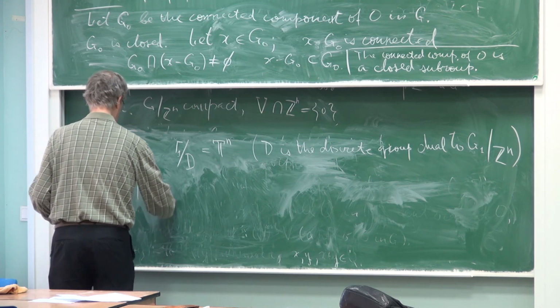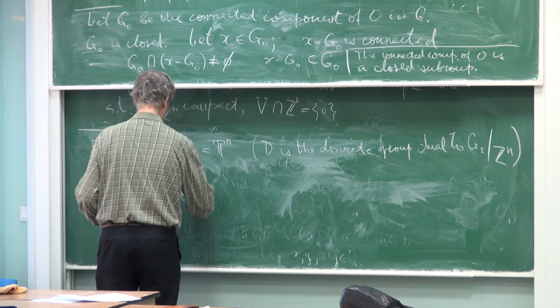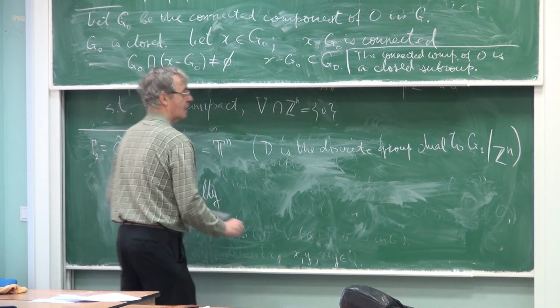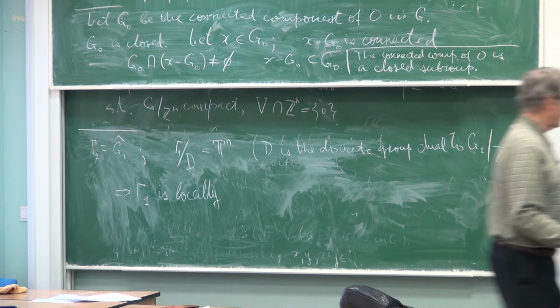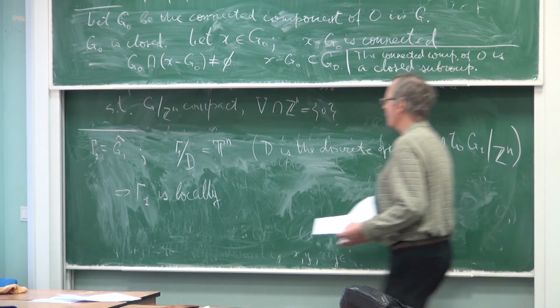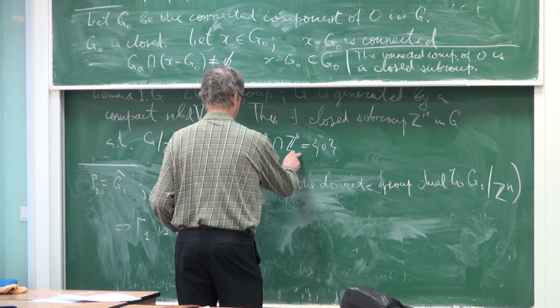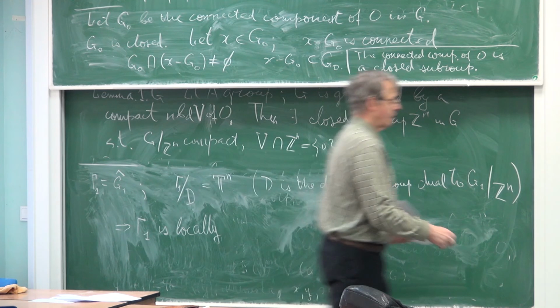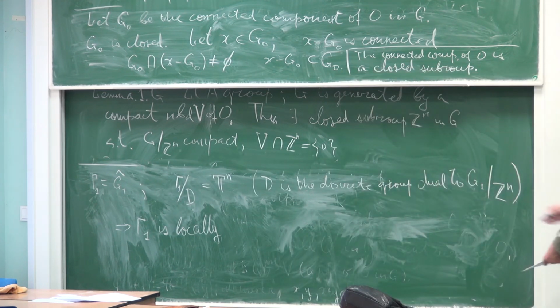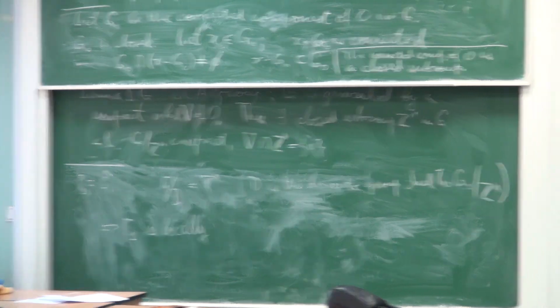gamma 1 is locally isomorphic to R to the power n. I forgot to say that this group Zn also has a property which is written here on this blackboard. Let me write it down here.